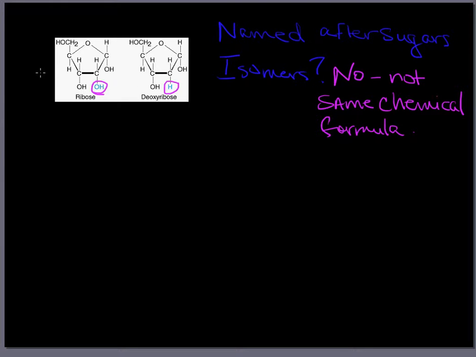In ribose, we have an alcohol group present on, and this is going to become important.